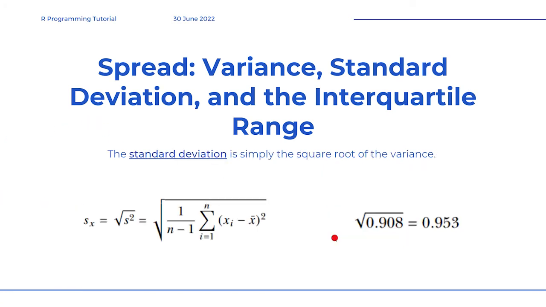Next, the standard deviation is simply the square root of the variance. So we have computed the variance, and we just have to find the square root of the variance value.